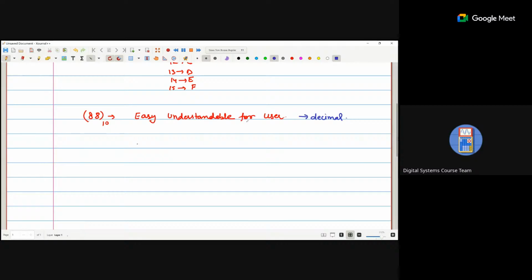Now, the initial level microprocessors or microcontrollers, or we can say the laptops, your mobile phones, can understand only the binary number.